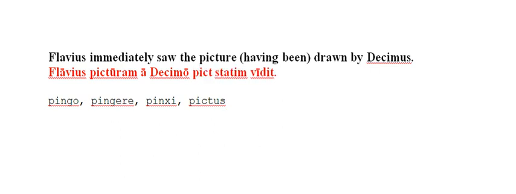So here we go, and now this is wrong, not pictus, because that doesn't agree with pictoram. So just simply make it agree, pictam. And that's it. Flavius pictoram, a decimo pictam, statim vidit. Flavius immediately saw the picture having been drawn by Decimus.